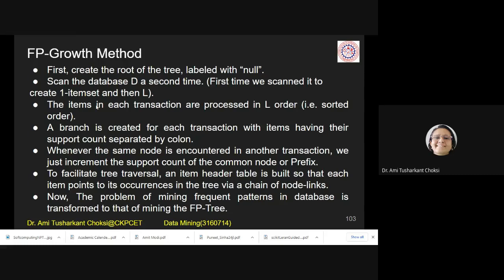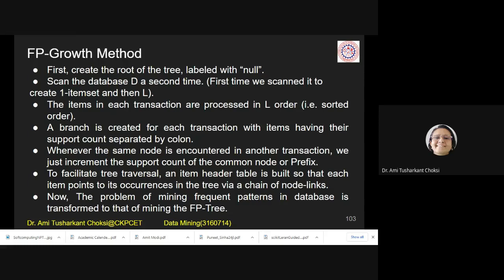Now the items in each transaction are processed in L order, that is, sorted order. What do we mean by that? If bread has count 5 and butter has count 3, we will have bread first then butter, right? The items are sorted by highest count.